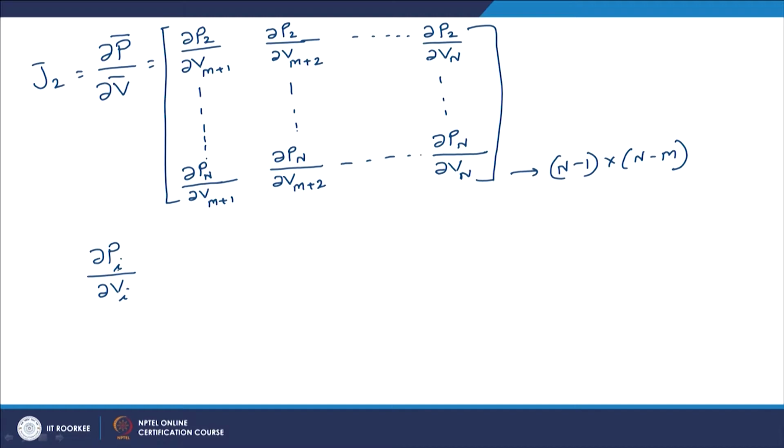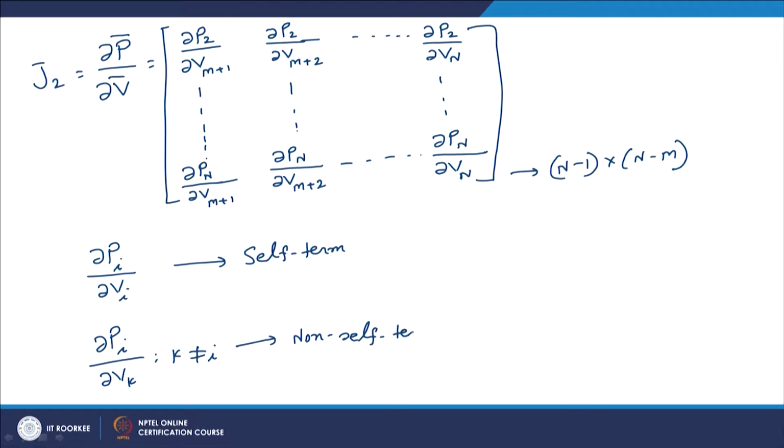Please note that this index of P, that is i, and this index of V, that is i, are the same. And there would also be terms like del Pi by del Vk, where k is not equal to i. The first we call a self term, and the second, we should not say mutual term, let us say non self term. It is just a matter of terminology.